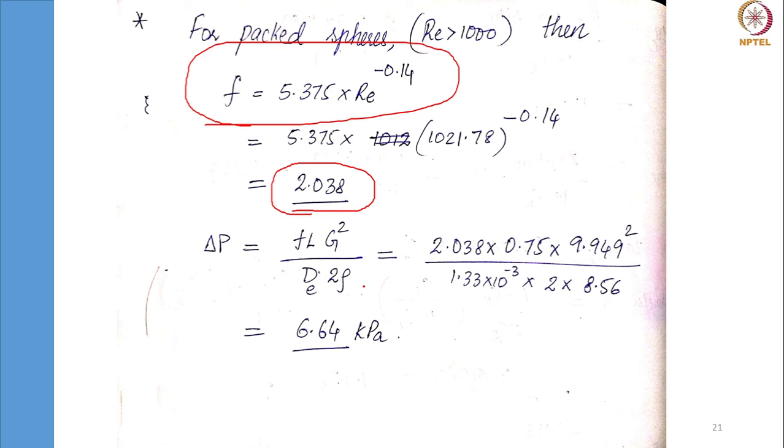Once we know this, we can calculate the pressure drop: f L G squared divided by equivalent diameter times 2 rho. We plug in 2.038, L is 750, G squared we know, and the other parameters are known, and we get a pressure drop of about 6.6 kilopascal.